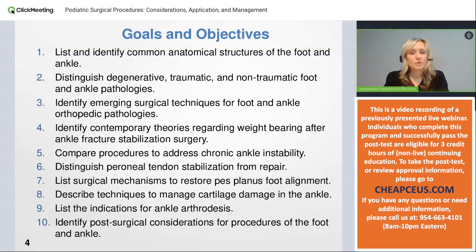The different procedures that we're discussing are utilized in patients across the lifespan, pediatric, adults, as well as elderly. You should be considering that you will be seeing patients who have direct trauma pathologies that may require these different surgical procedures. Maybe it's a sport injury, a motor vehicle accident, or an occupational injury.